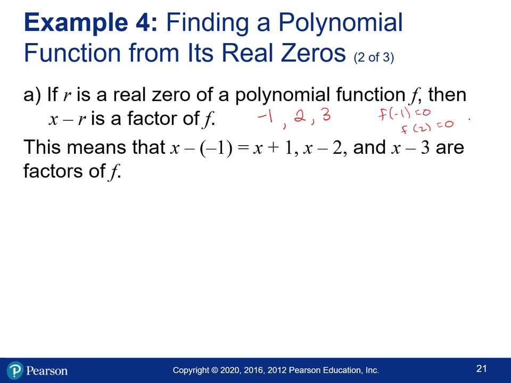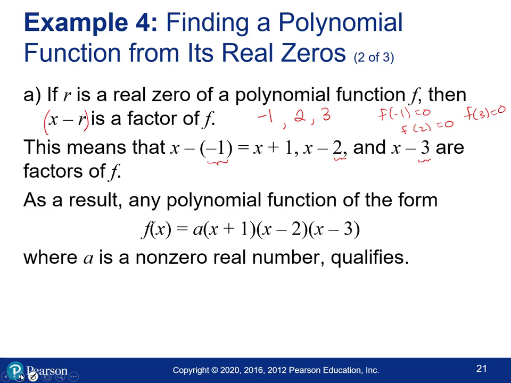But what that also means is that when we rewrite our function, f of x, x minus the number that's a 0 is one of the factors. So that looks like this: x minus -1, x minus 2, and x minus 3 are all factors of our polynomial. So this is our polynomial, and these are factors.